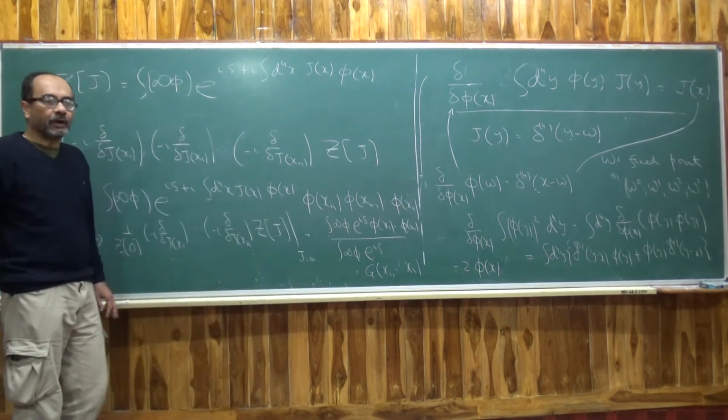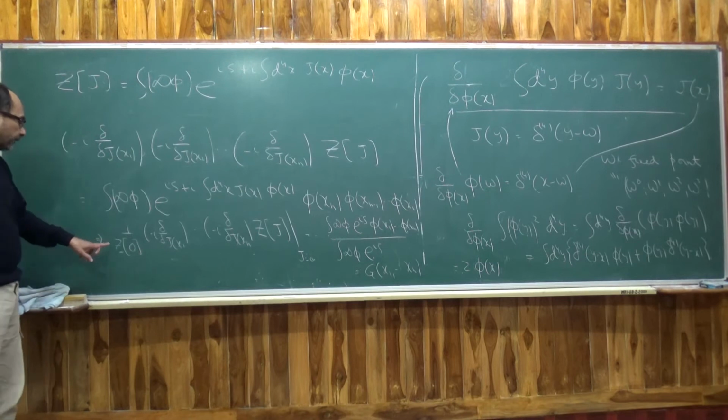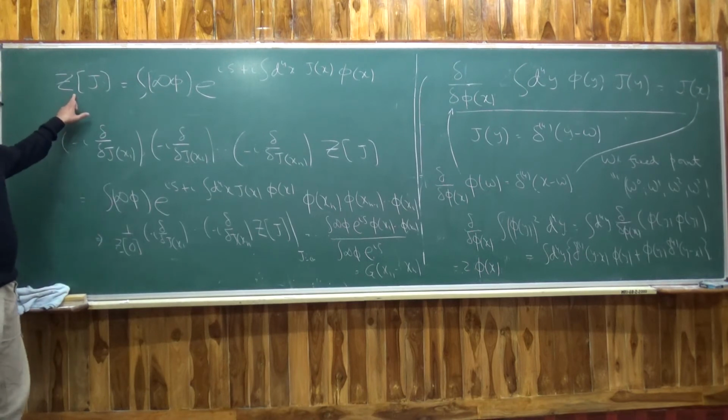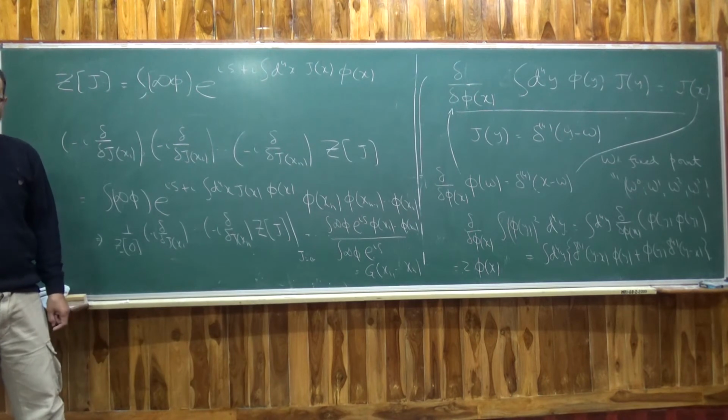So this means that if you want to calculate Green's functions in this scalar field theory, you have to calculate Z of J. If you can calculate Z of J, this contains information about all the Green's functions. So one functional is what you have to calculate.